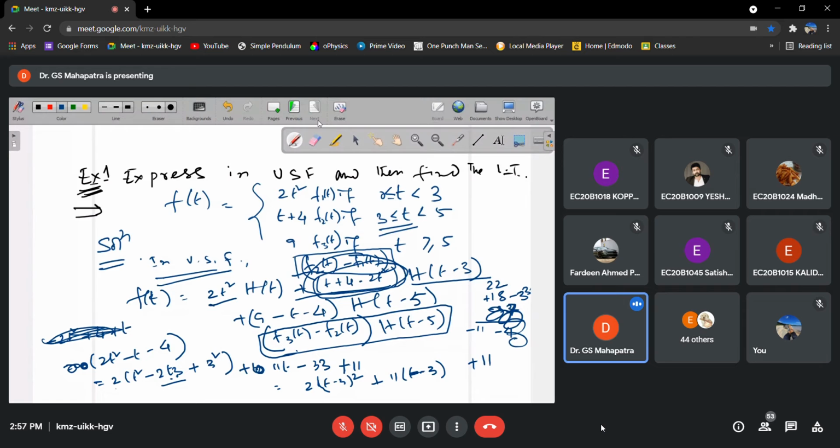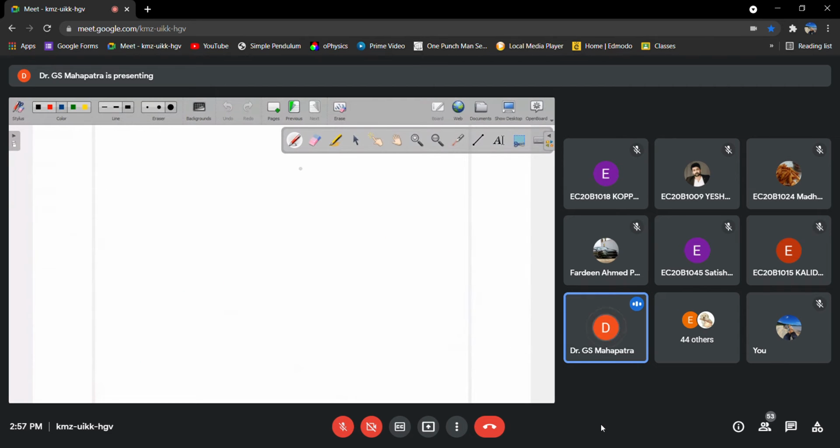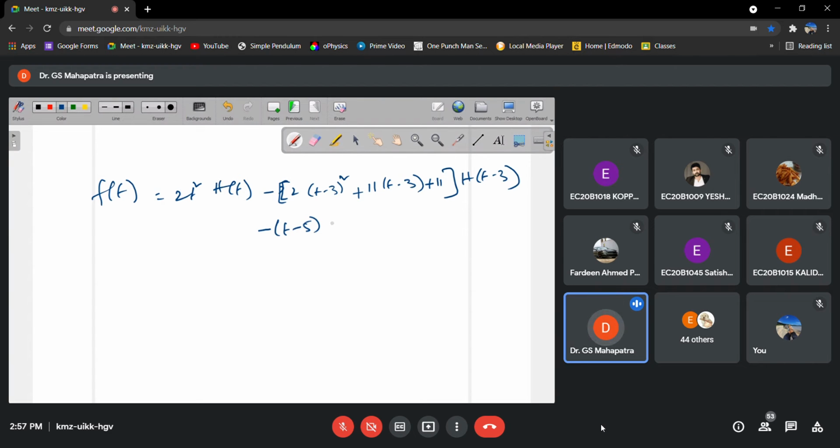So f of t equals, we can write like that, 2t square h of t, minus 2 into t minus 3 whole square plus 11 into t minus 3, plus 11, this one h of t minus 3. The last one is minus t minus 5. No need to do any factorization here, it is already there.